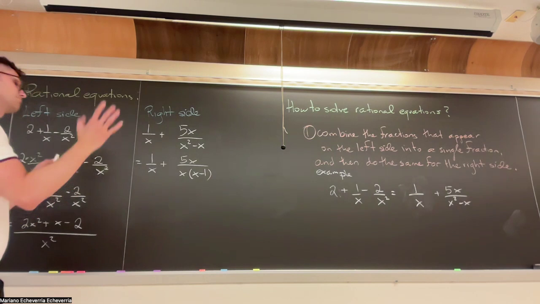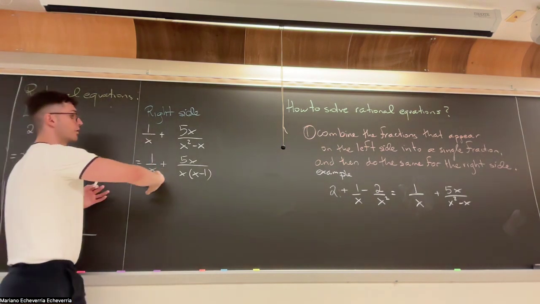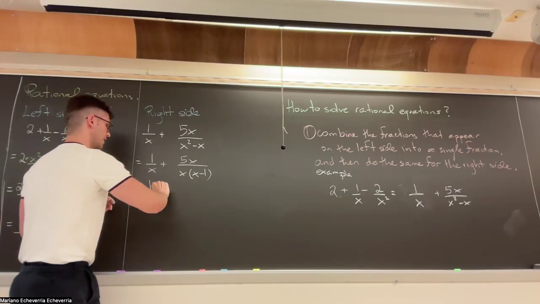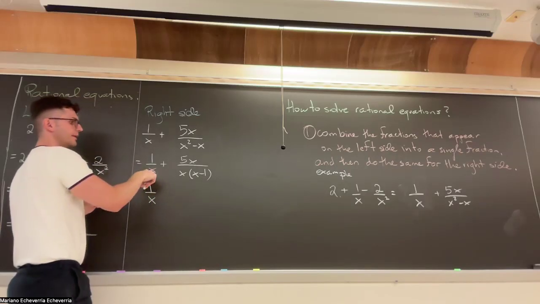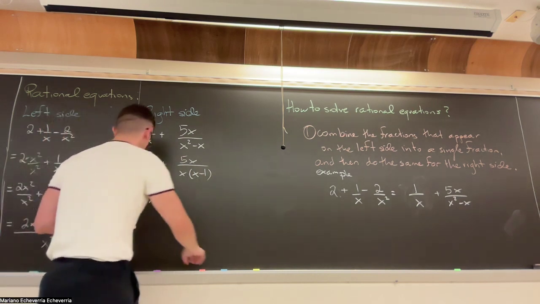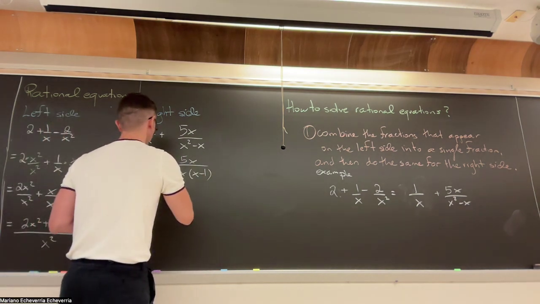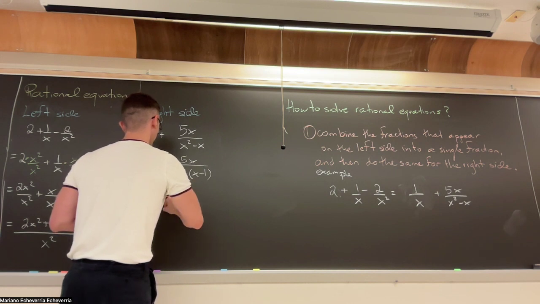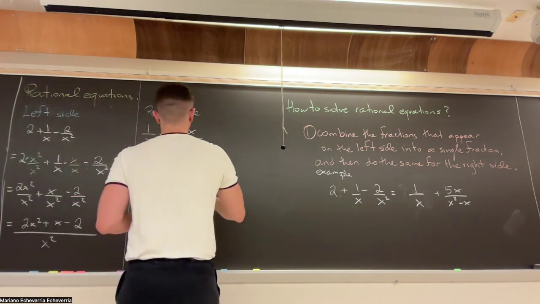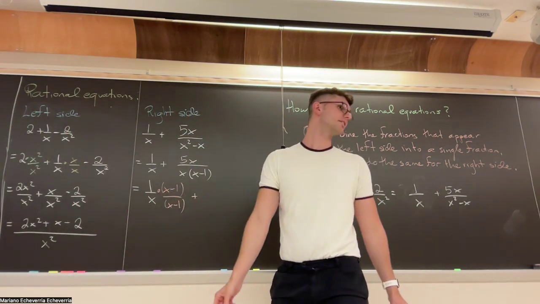And then you do the same game, you check what each term is missing. So this denominator of 1/x is missing the term x minus 1, so you multiply and divide by x minus 1, top and bottom. And the second has everything that it needs.